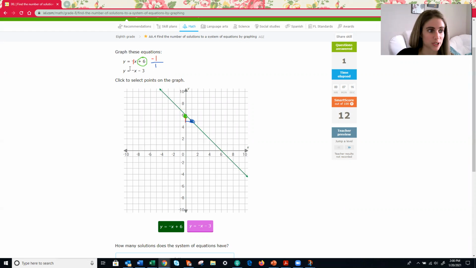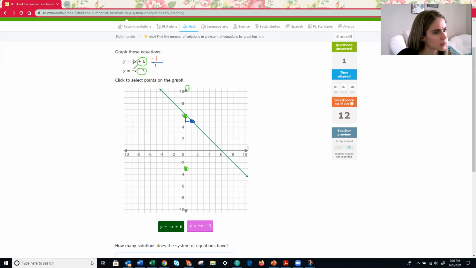Let's do the second equation. All right, this time our y-intercept is -3. So our graph is going to start y-intercept, y-axis at -3, so down here, because here's a -2, -4. So -3 would be in the middle. What's our slope this time?